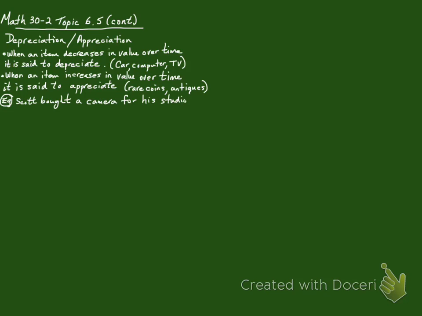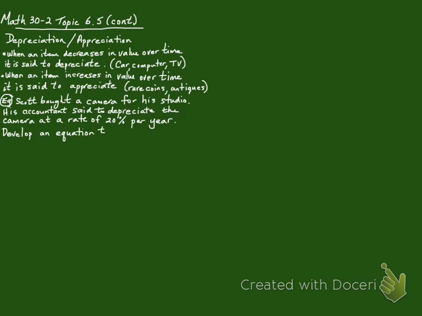Scott bought a camera for his studio. His accountant said to depreciate the camera at a rate of 20% per year. Develop an equation to model this scenario, keeping in mind that the camera had an initial cost of $2,500.